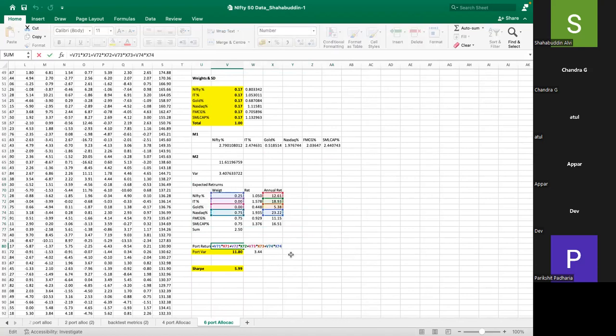So in which case you have to point all these returns to this weight. All these returns to this weight. Correct. You point them to there.